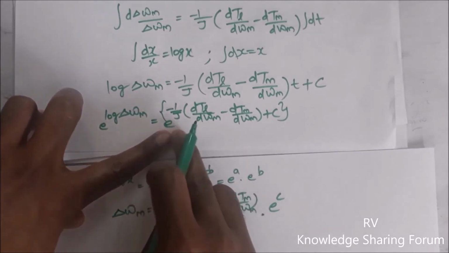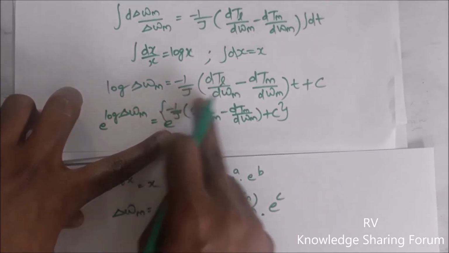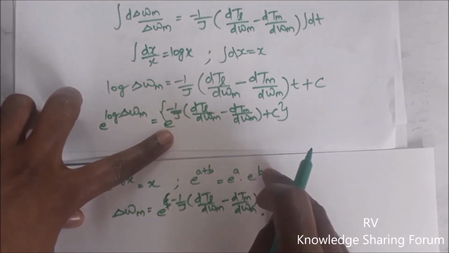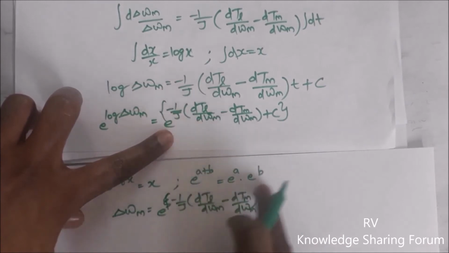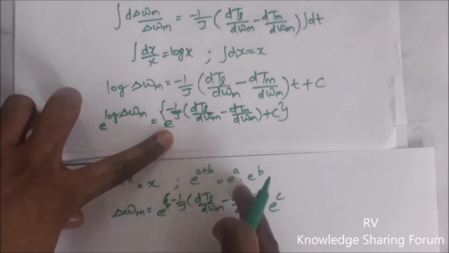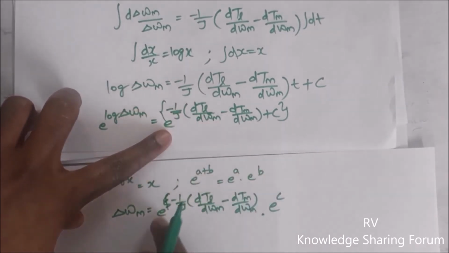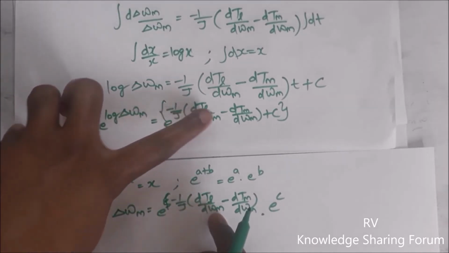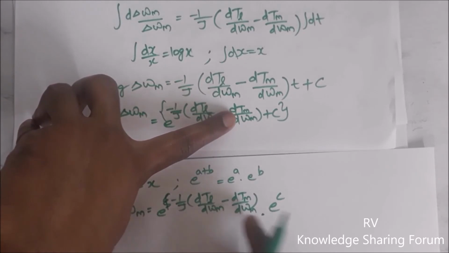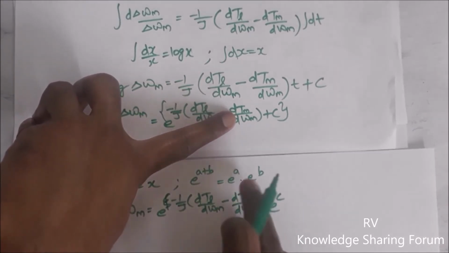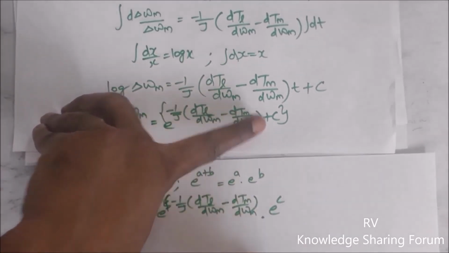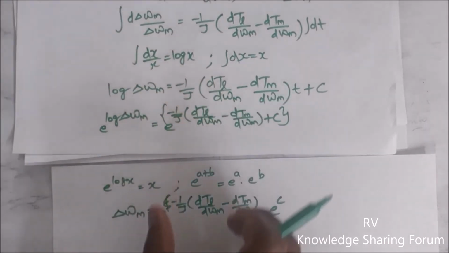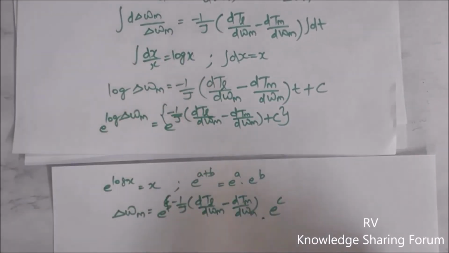So here e to the power of this entire term is a, okay, and this c is nothing but assumed to be b. So according to this exponential formula, e to the power of a plus b is equal to e to the power of a into e to the power of b. We can write e to the power of minus 1 by J into (dTL by d omega m minus dTm by d omega m) t into e to the power of b. B is nothing but c, so e to the power of c. So by using these two formulae, we have rearranged this equation to this form.